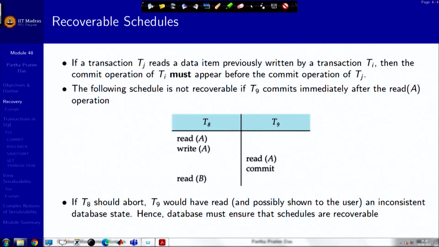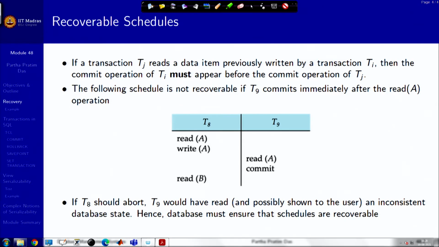If a transaction Tj reads a data item which was previously written by a transaction Ti, then recoverability would be guaranteed if the commit of Ti, which wrote, happens before the commit operation of Tj. That is the ground rule we will see.